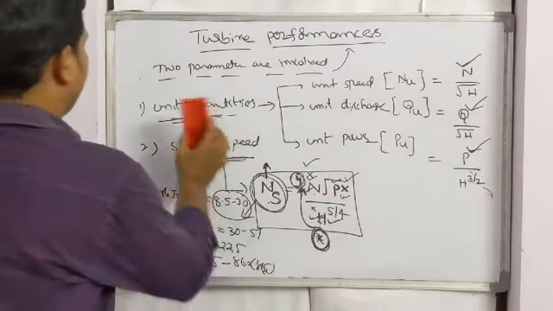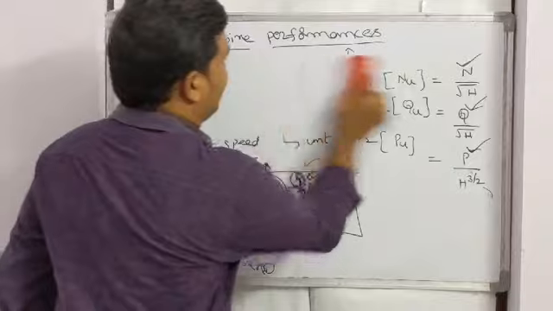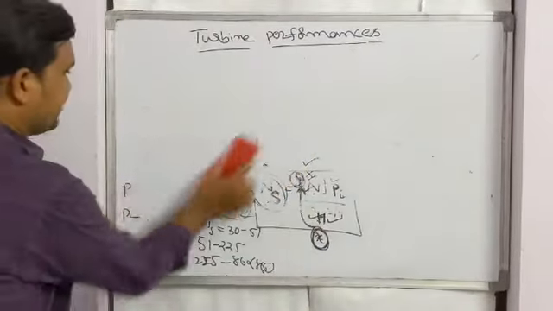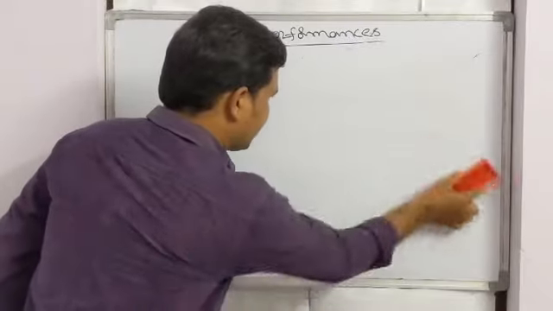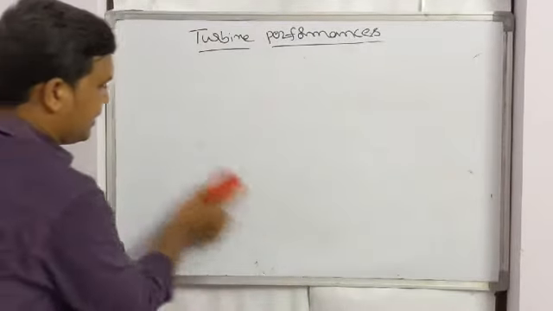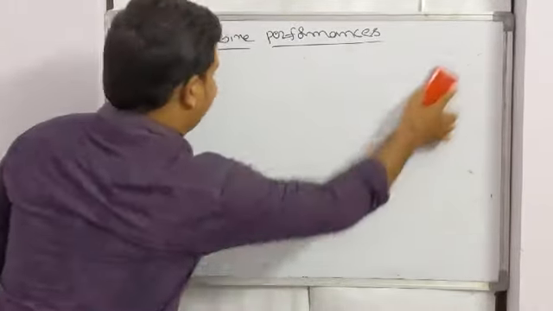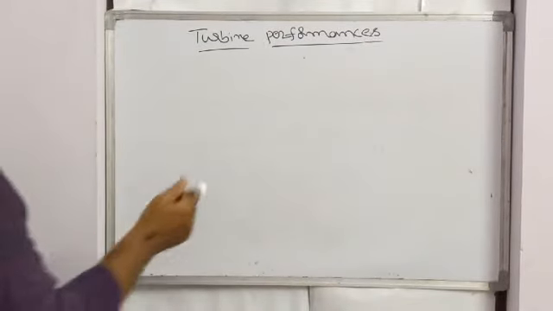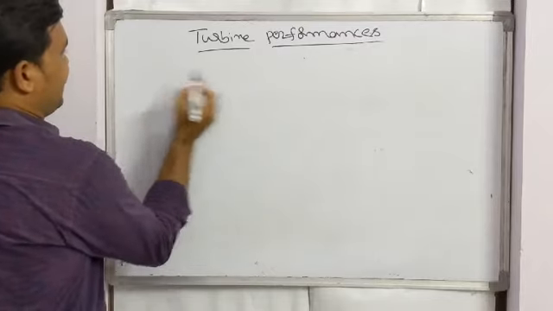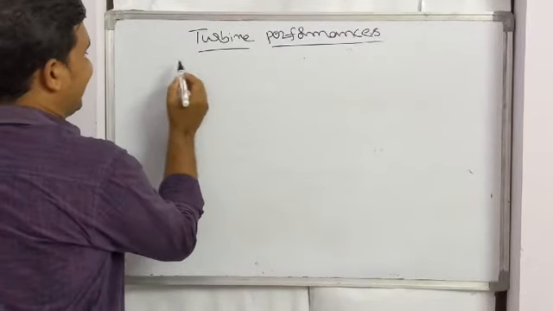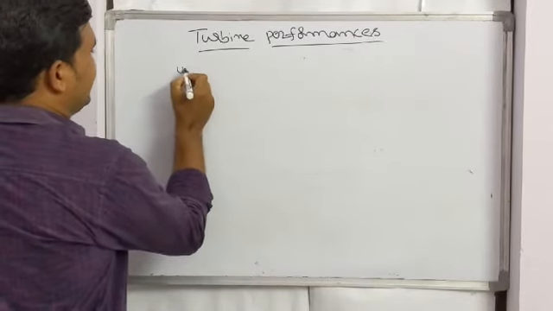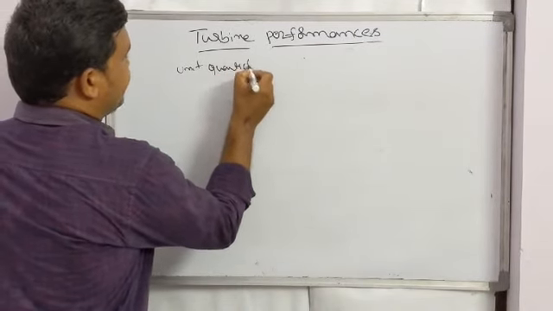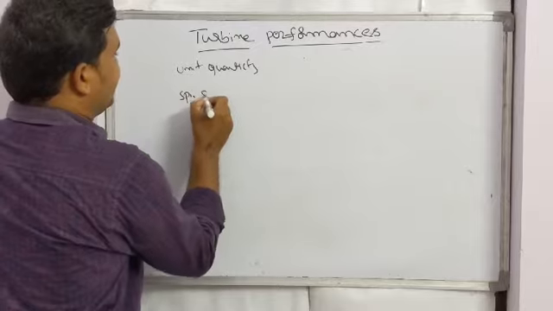After finding out the performance of any turbine, that is nothing but unit quantities and specific speed. So we can draw some curves, the characteristics curves. After conducting a performance test, we get unit quantities and specific speed.